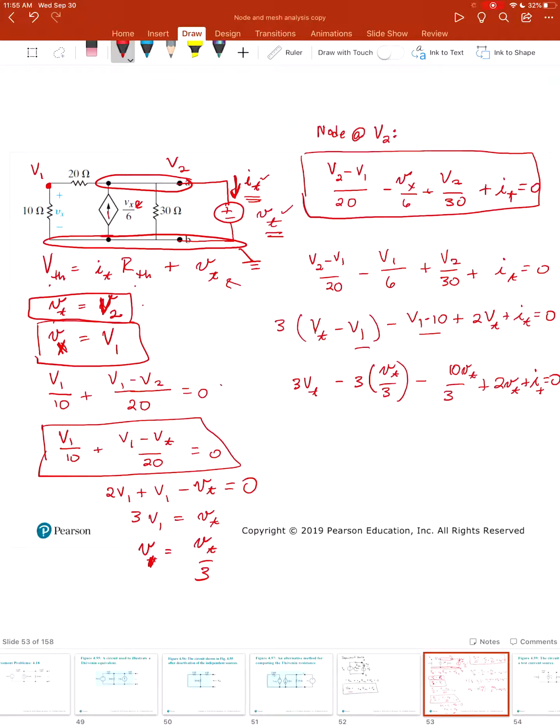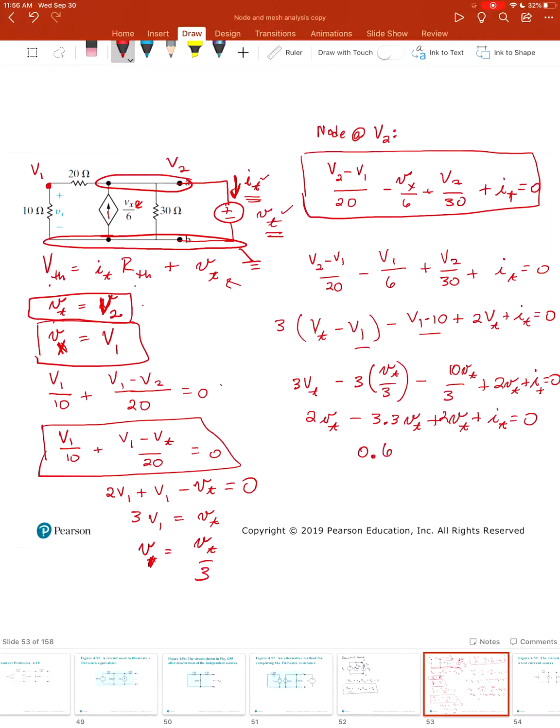And now I've accomplished what I want to accomplish in that I have only V test and I test as unknowns. So playing around with that, that's 2V test minus 3.3 V test plus 2 V test plus I test equals 0.